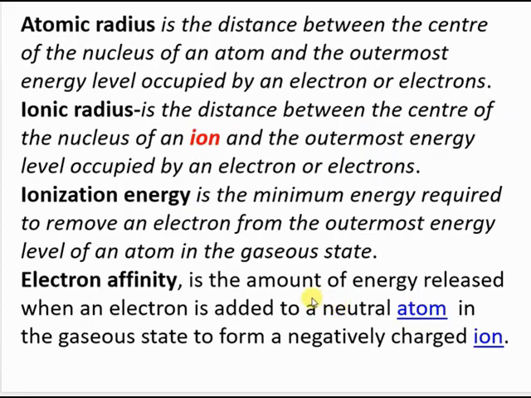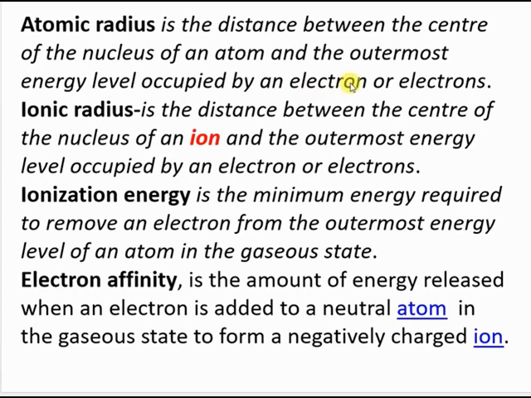Another important piece of information I want us to have is the definition of atomic radius, ionic radius, ionization energy, and electron affinity. What is an atomic radius? Atomic radius is the distance between the center of the nucleus of an atom and the outermost energy level occupied by the electron or electrons.